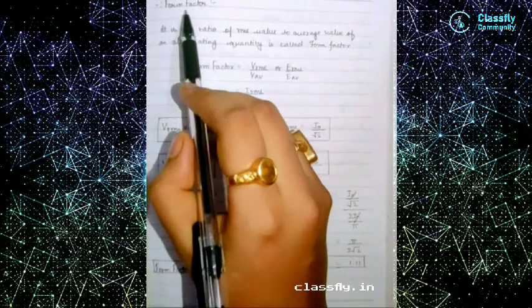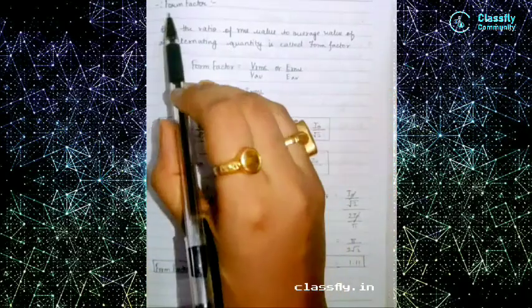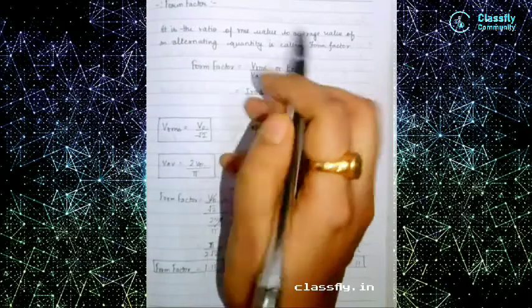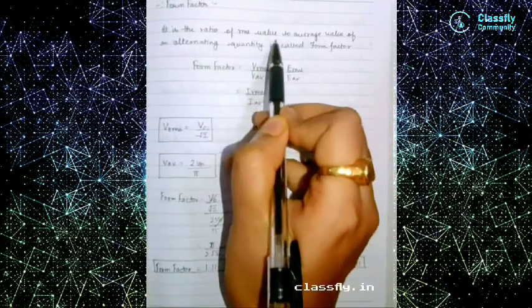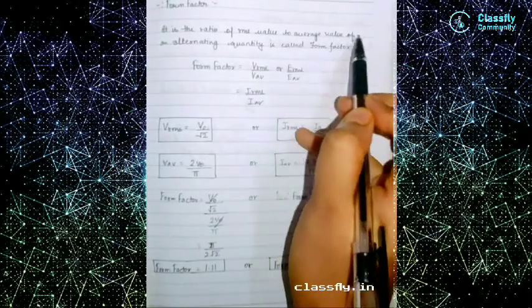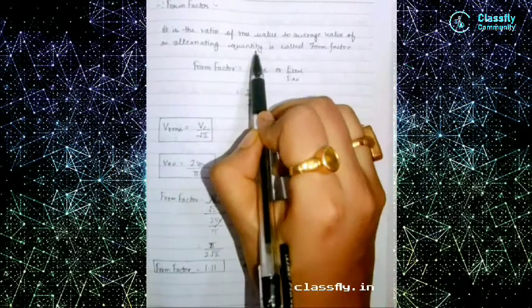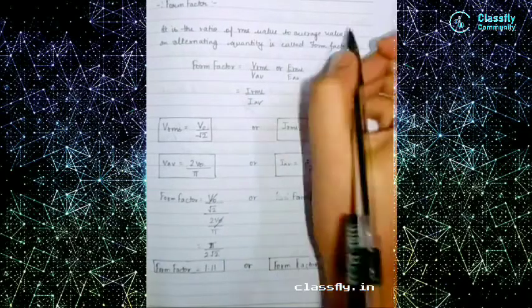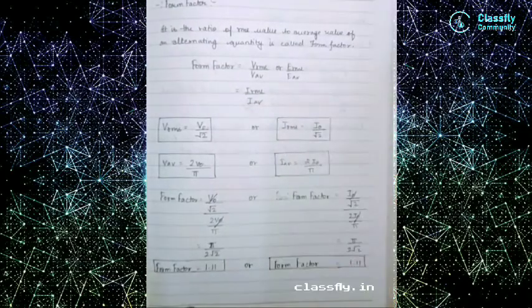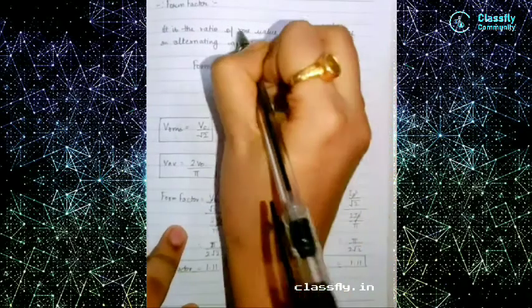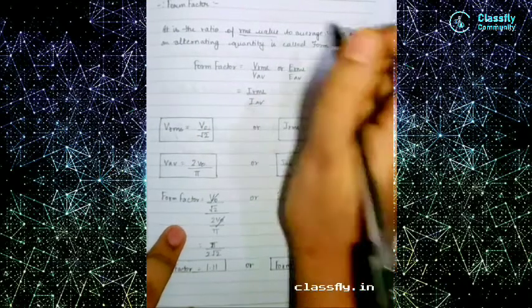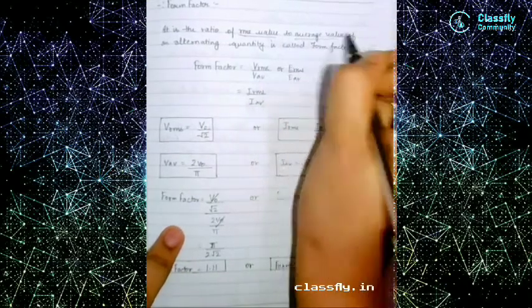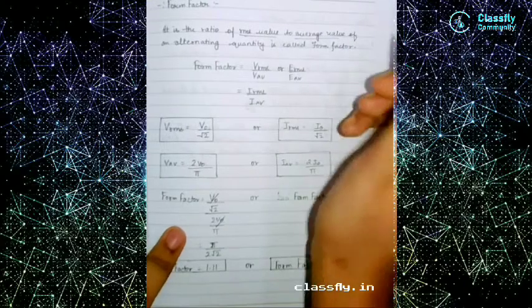Before moving on to the derivation of the form factor, we should know what form factor is. It is the ratio of RMS value to average value of an alternating quantity. That means we have to take the ratio between the RMS value of current or voltage and the average value of current or voltage.